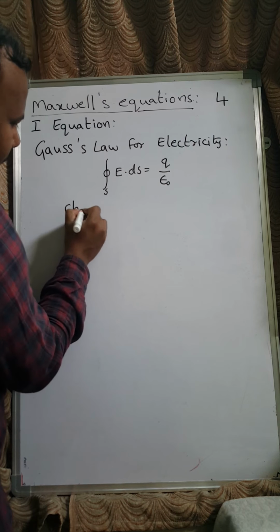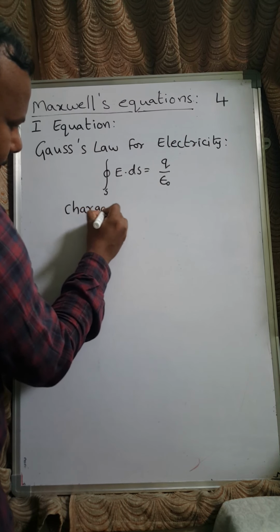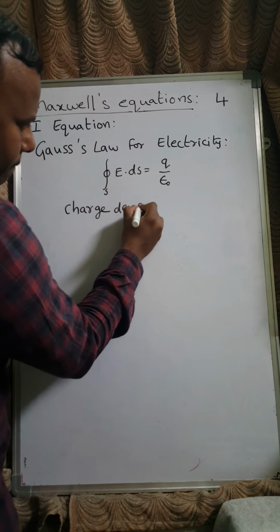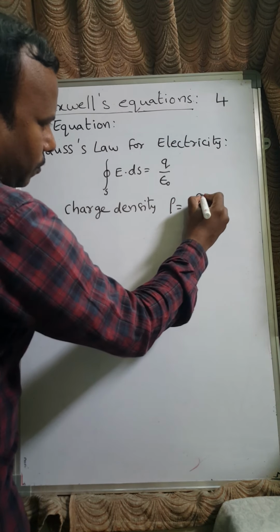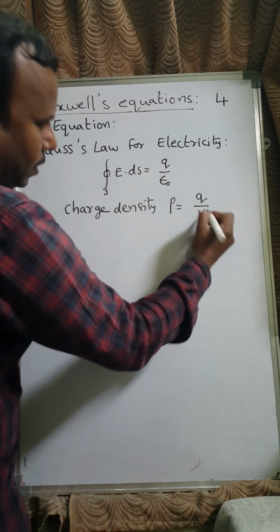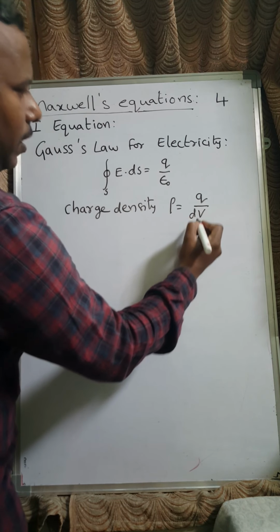I calculate here charge density rho, which is Q by V. Let us calculate a small volume.